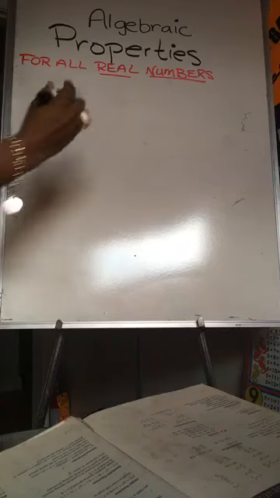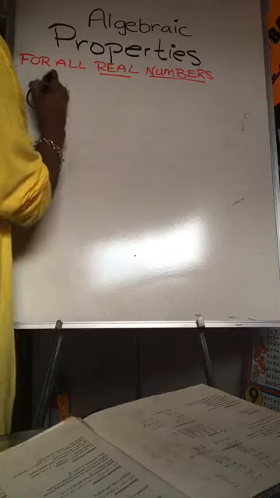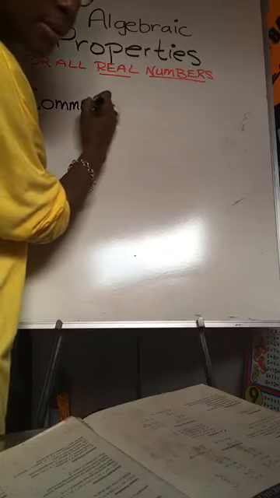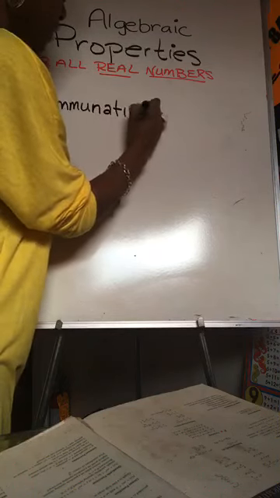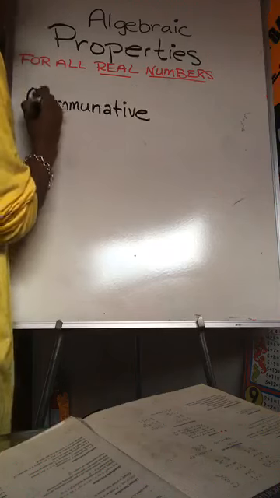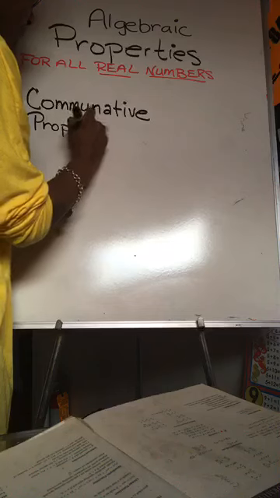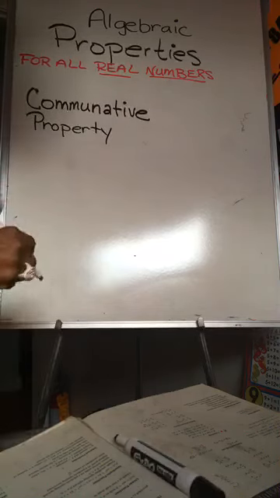The first property is called commutative. C-O-M-M-U-T-A-T-I-V-E. This is called the commutative property.